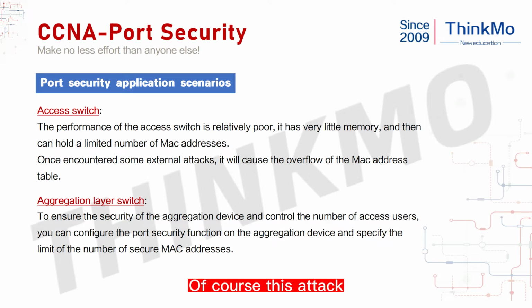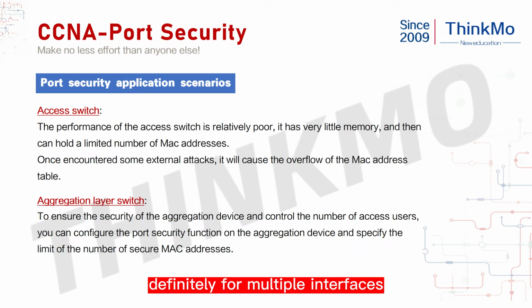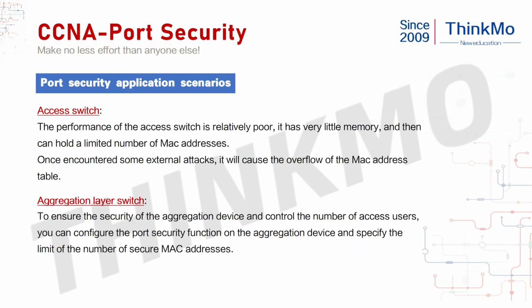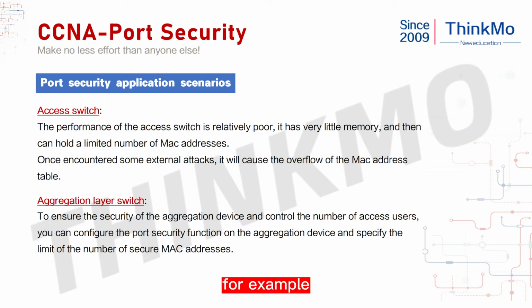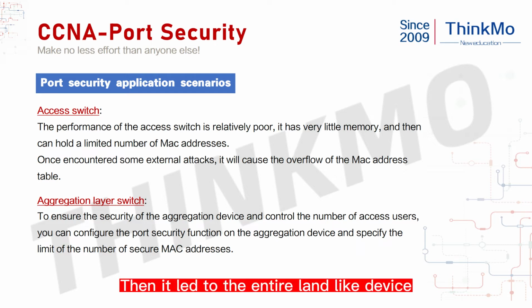Of course, this attack is aimed at multiple interfaces. For example, in a corporate intranet, due to illegal access, some devices are connected, which then leads to the entire LAN's devices being infected with a virus.